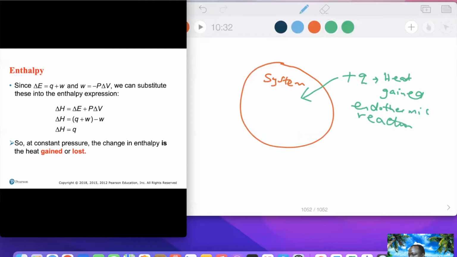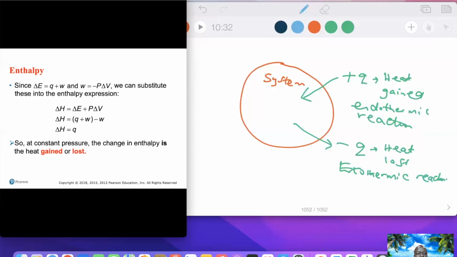Negative Q means heat lost, and this is an exothermic reaction.